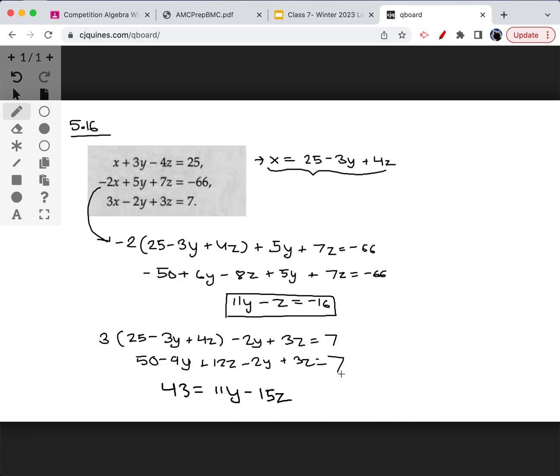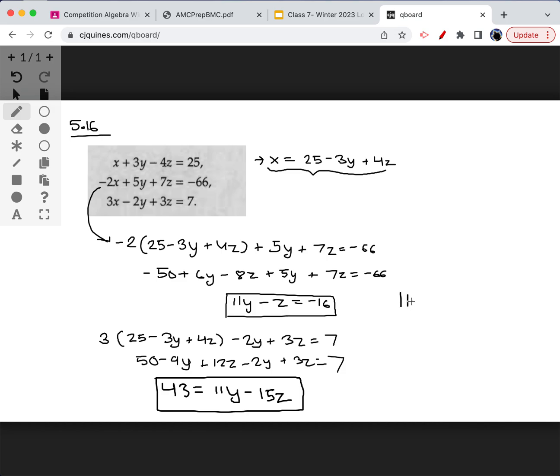So note over here that we moved 7 to the left hand side and we moved the variable terms to the right hand side. So we have these two equations. So now it should be pretty easy to solve for y and z.